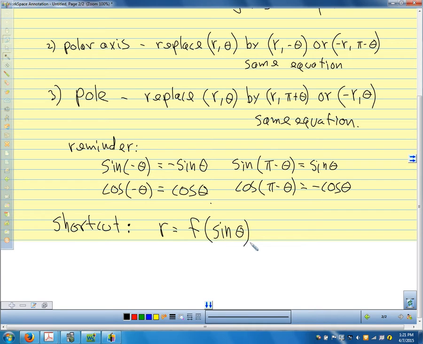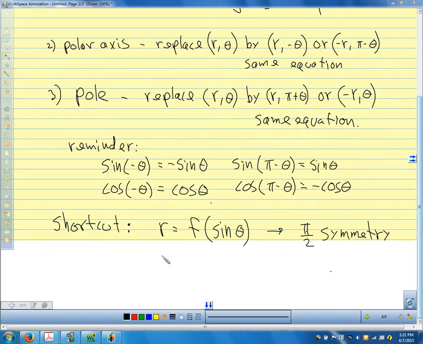So if there's just sine theta in our equation, it could be some other things going on with the sine theta, but if it's just sine theta, then we have pi over 2 symmetry. So if our function is just a function of sine of theta, we have pi over 2 symmetry. And if we just have a function of cosine of theta, we have polar axis symmetry.